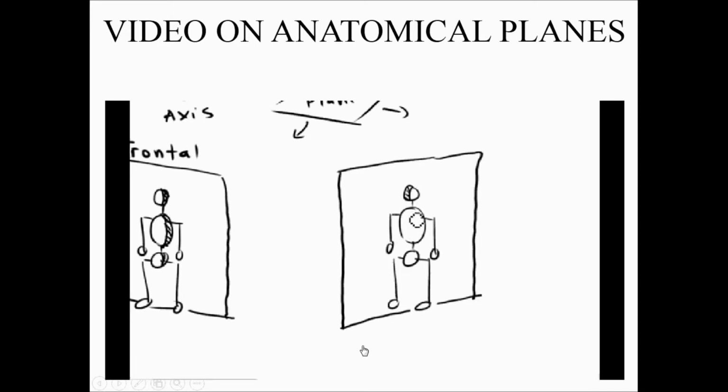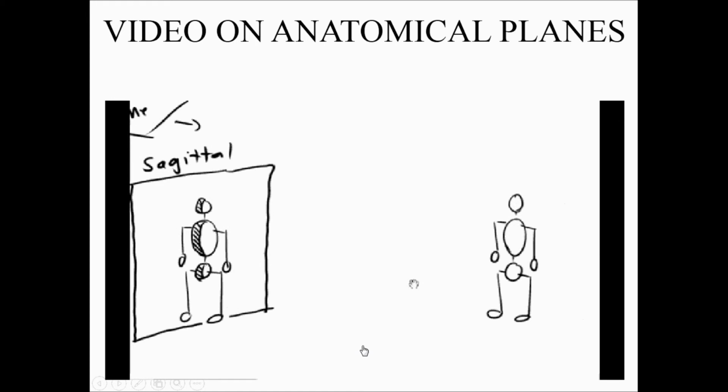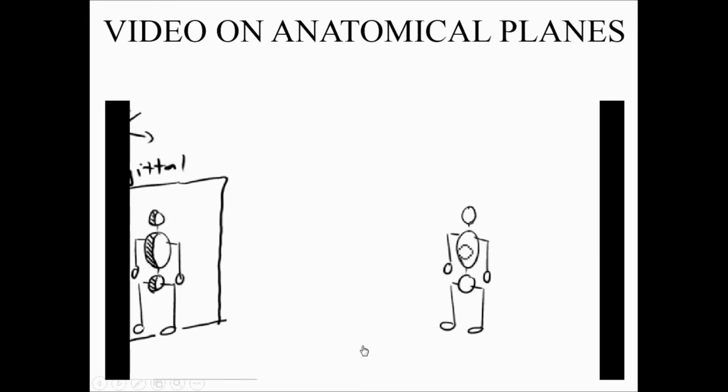So we're imagining that the right side of the body is behind the plane. That's the sagittal plane. And then we have the transverse plane, which divides the body into superior and inferior parts from the plane.